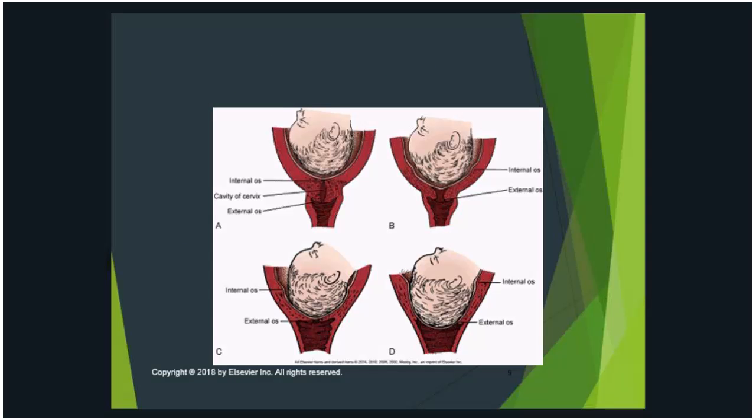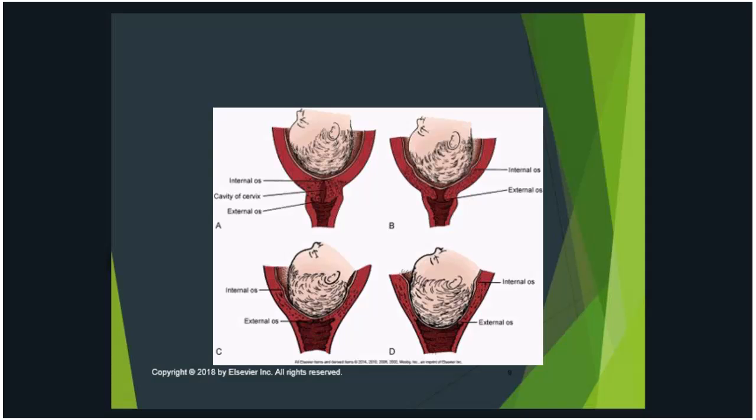Here you have a picture of the internal and the external os. So when you check a cervix, sometimes you can feel 2 different openings. You have the internal os noted at the beginning of the cervix thinning. Then in B, you have the external os noted and the internal os has already opened. Then in C, the internal os is completely gone away.